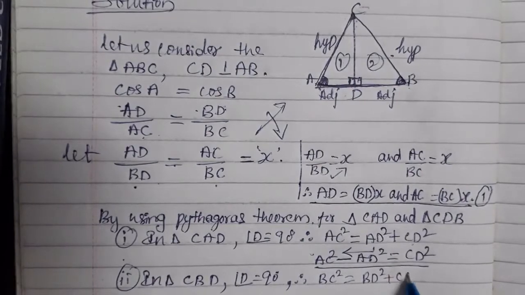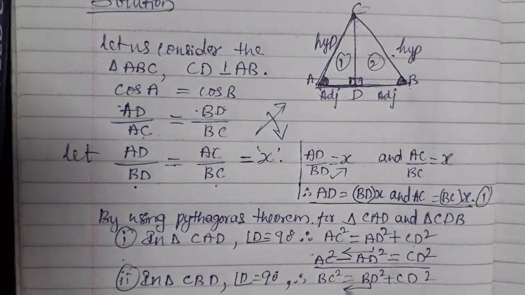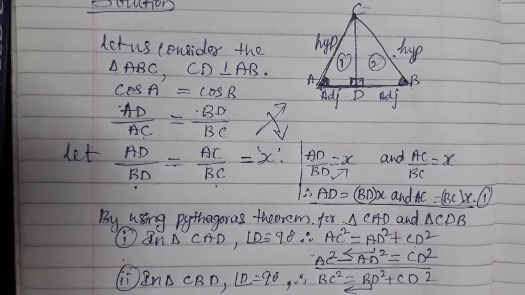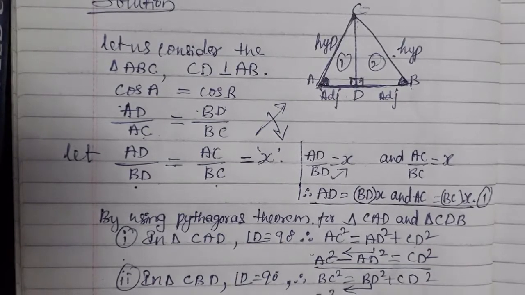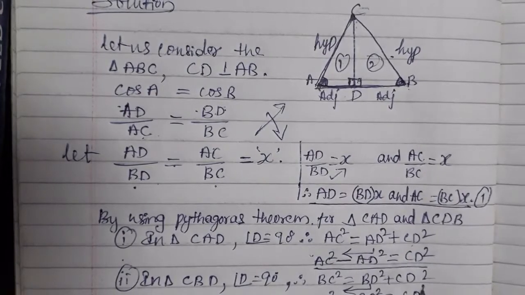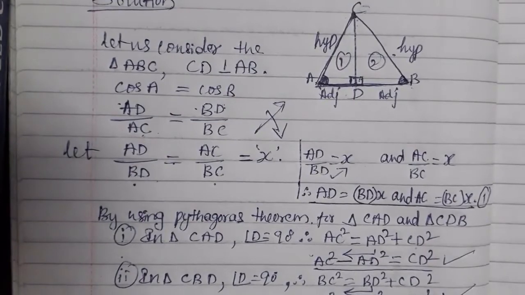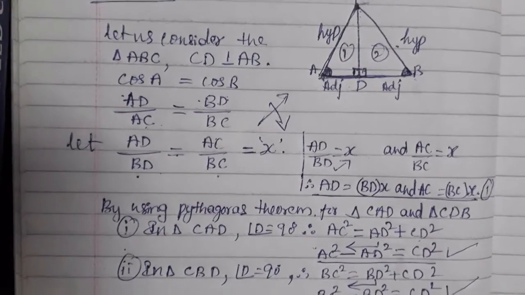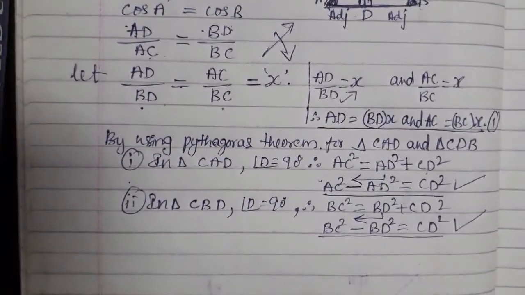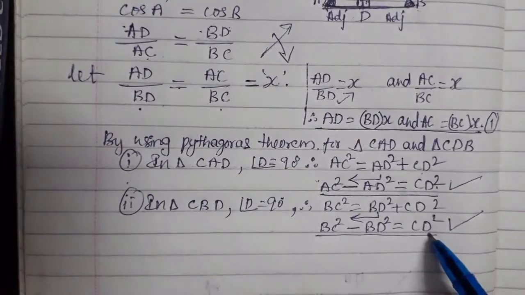Again shift BD, so you will get BC square minus BD square is equal to CD square. Now you can notice, you have got CD square.